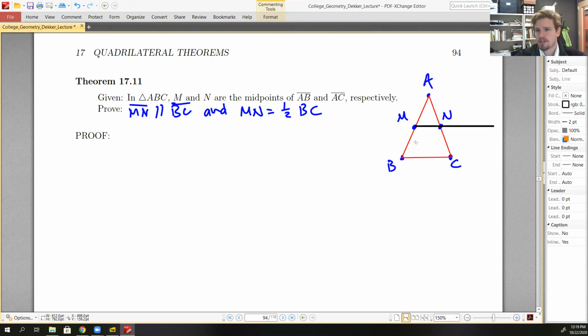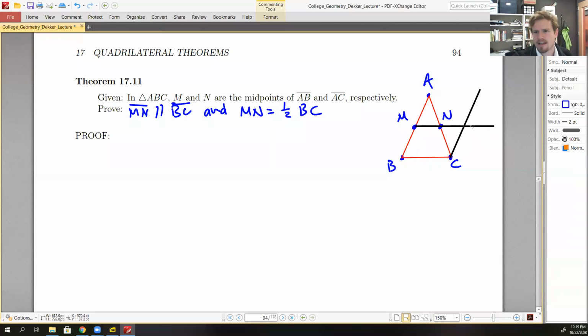And in order to prove this, we want to construct a parallelogram. So the first thing that we're going to do is make a line that's parallel to AB. Looks something like that.